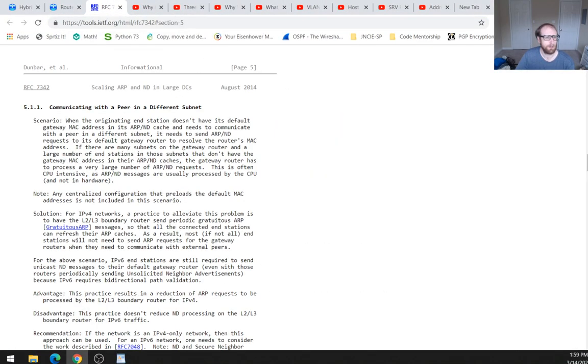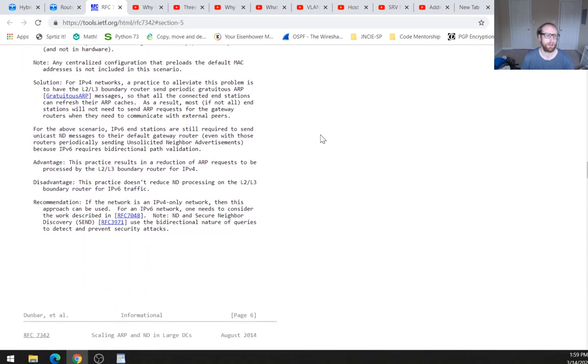Okay, so let's keep going with this. Note any centralized configuration that preloads the default MAC address is not included in this scenario. Solution: for IPv4 networks, a practice to alleviate this problem is to have the L2/L3 boundary router send periodic gratuitous ARP messages so that all the connected end stations can refresh their ARP caches.